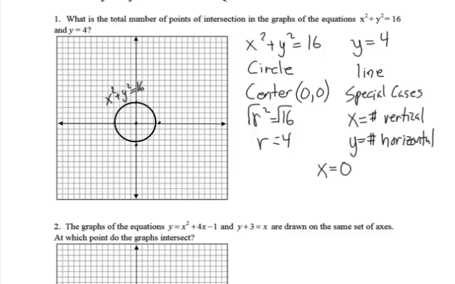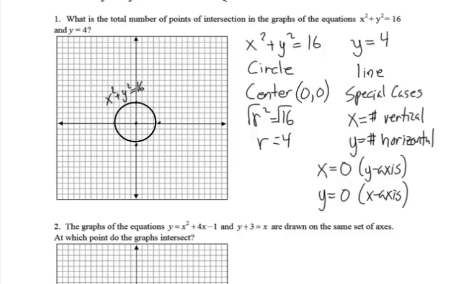X equals a number is a vertical line, so x equals 0 is also called the y-axis. And when we have y equals 0, that's a horizontal line, which we call the x-axis. That can be the part where people get a little bit tricked up.